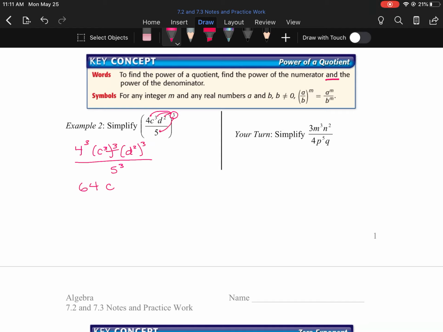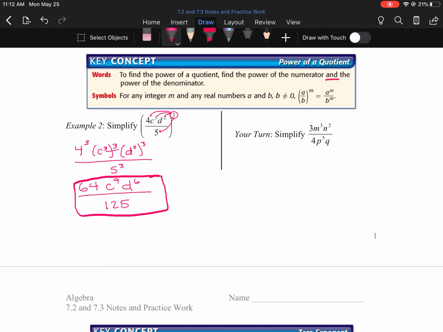Remember, power to a power we multiply, so c to the 9th, d to the 6th, and 5 cubed should be 125. Now we just need to double check, can we simplify this anywhere? 64 divided by 125 does not simplify at all, and I have no other letters or variables represented more than once, so that's it.